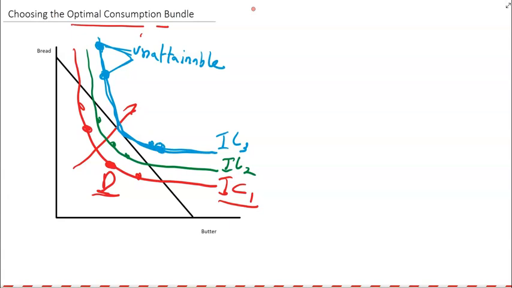So similarly, points here are also unattainable. The only point that seems to be affordable for the person that gives the highest utility is the point that is tangent to the budget curve. So which one? The one right there. This one is definitely attainable and affordable.